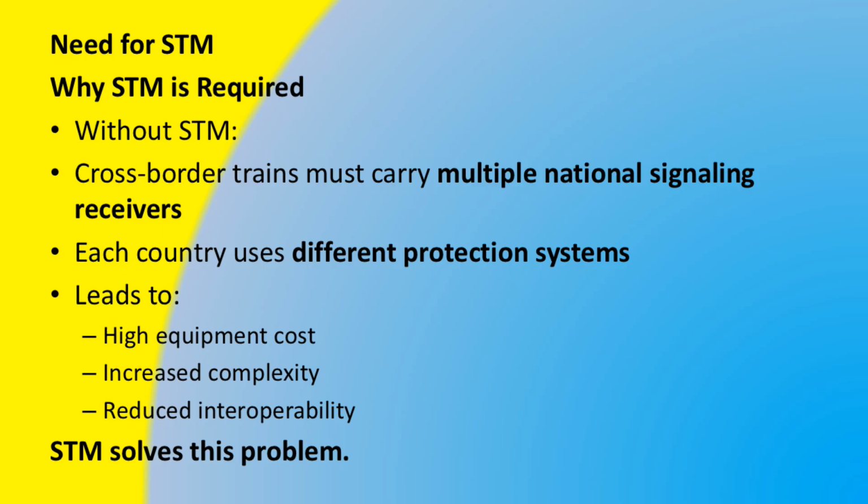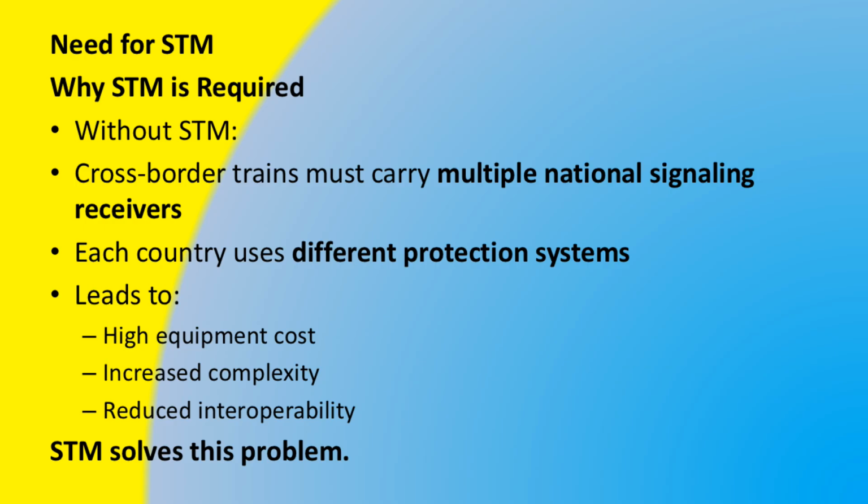Need for STM. Now let us understand why STM is required. Before the introduction of ERTMS, every European country had its own signaling and train protection system. For example, Germany, France, Italy and Spain all had different systems.